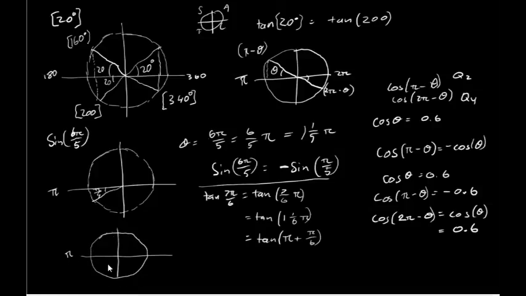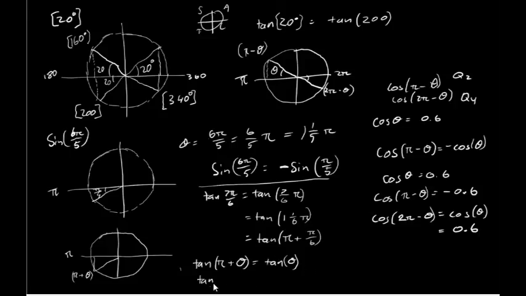So here's pi. I've got pi plus pi on 6. So it's pi plus theta, where my angle is pi on 6. We're in the third quadrant. Tan is positive, so tan of pi plus theta is going to be the same as tan of theta, because we're in the third quadrant.